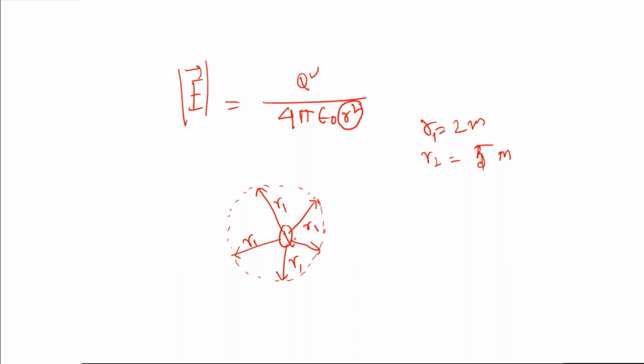Because this depends on the distance, right? And the capital Q is the same for each distance. So on the surface of the sphere of r1 radius, everywhere the field will be the same. You have to agree.